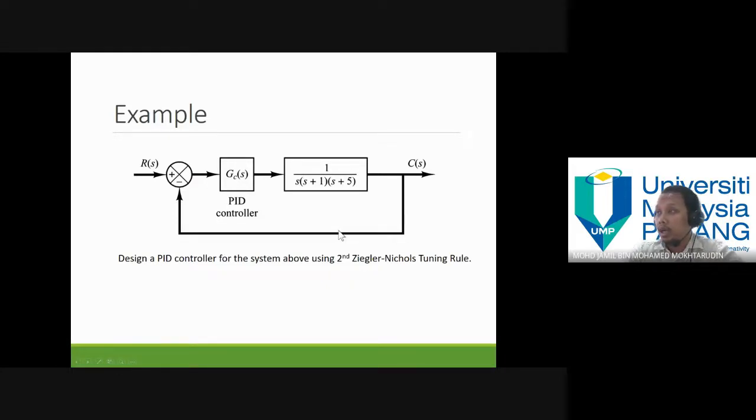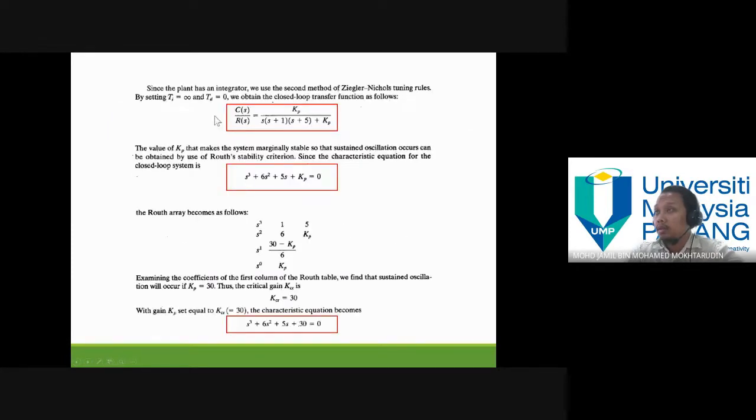So let's look at how we can do this. Since the plant has an integrator, we can use the Ziegler-Nichols tuning rules. Firstly, we assume that the values of TI and TD, or the gains for integral and derivative, are 0, okay? So we can obtain the closed loop transfer function as below.